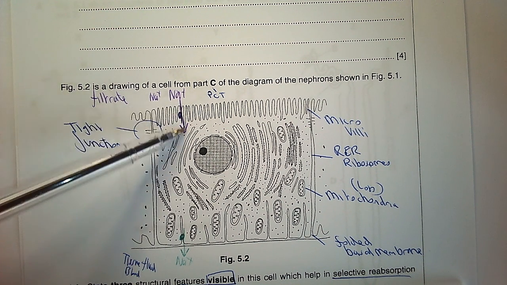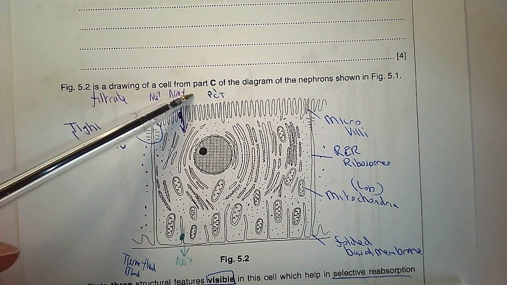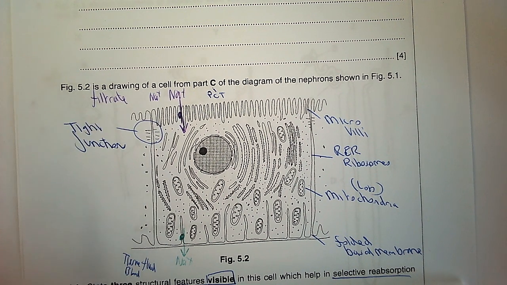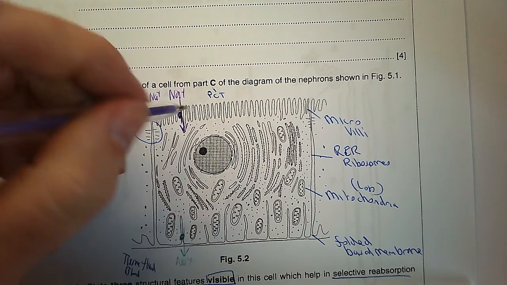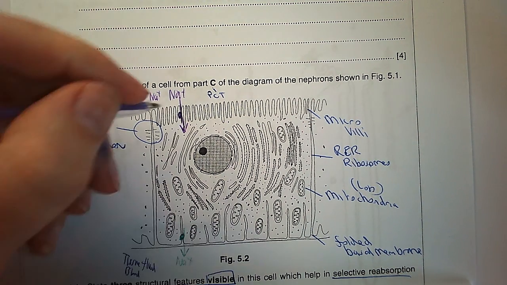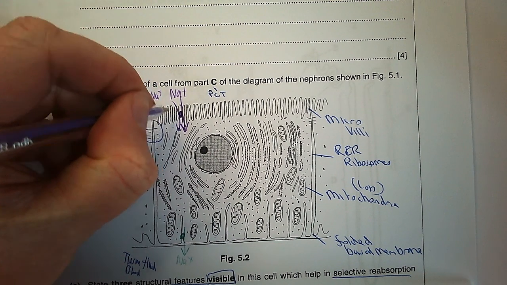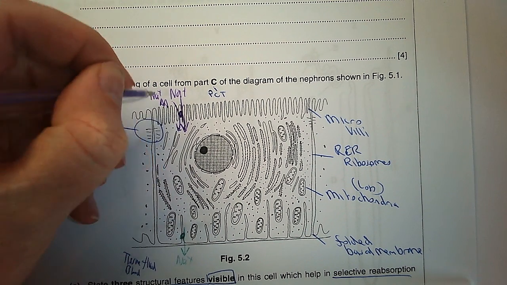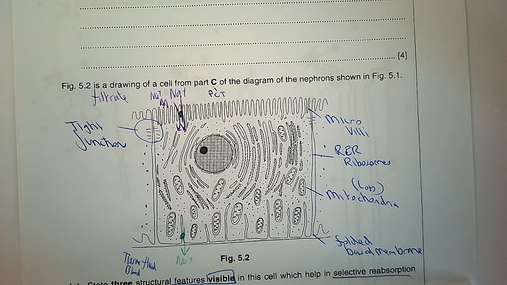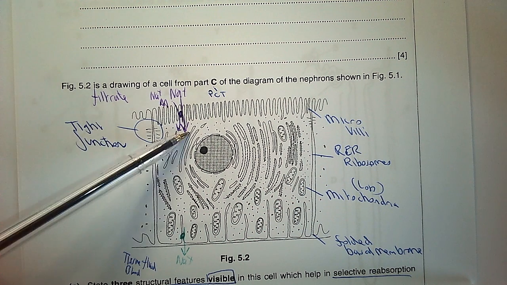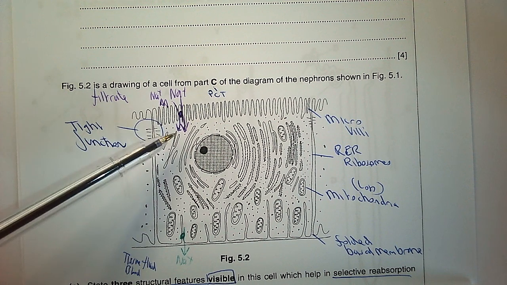Sodium ions are moving in from the filtrate, from the lumen of the PCT, and as the sodium moves in, amino acids and glucose will be pulled in by that co-transporter. Co-transporter means that as one substance moves in, one molecule, it pulls in another molecule as well.